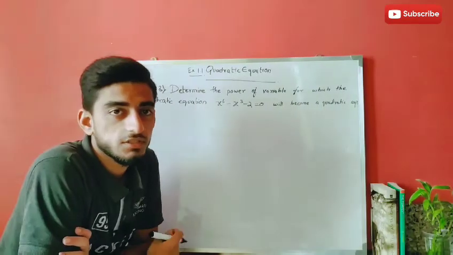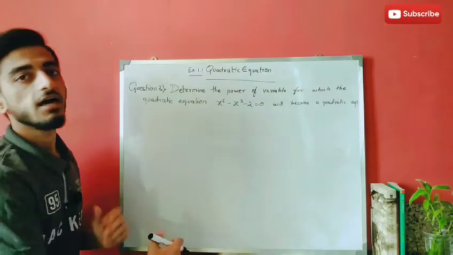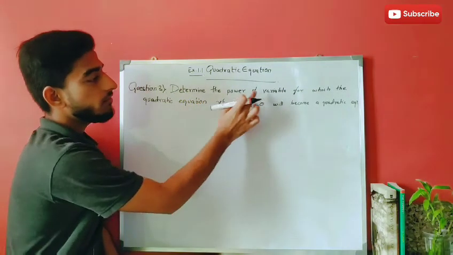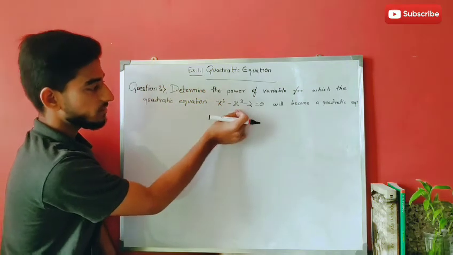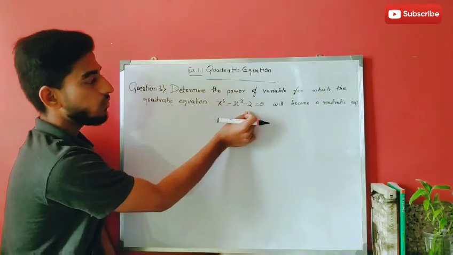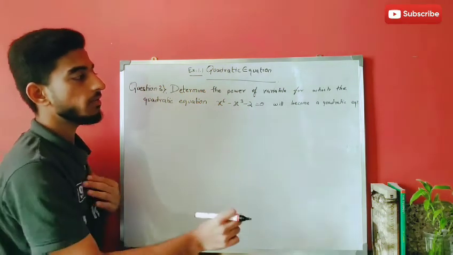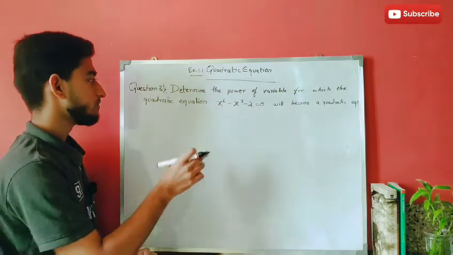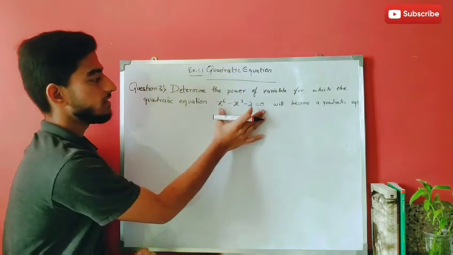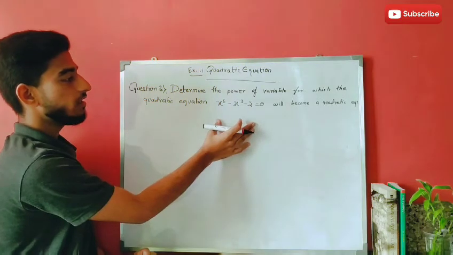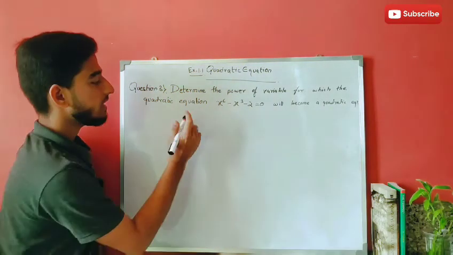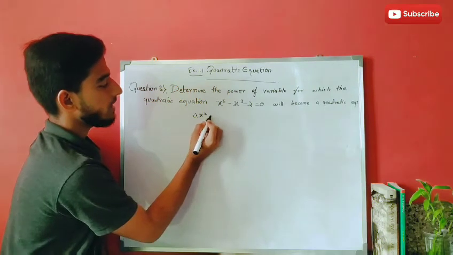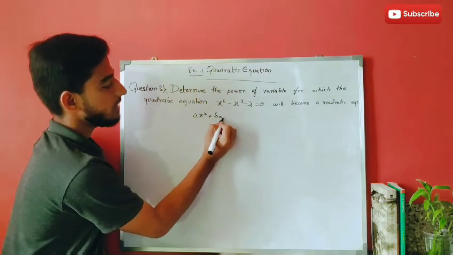So our next question is question number 3. Determine the power of variable for which the equation x to the power 6 minus x to the power 3 minus 2 is equal to 0 will become a quadratic equation. For this we have to find what variable we can take, like we take ax square plus bx plus c.